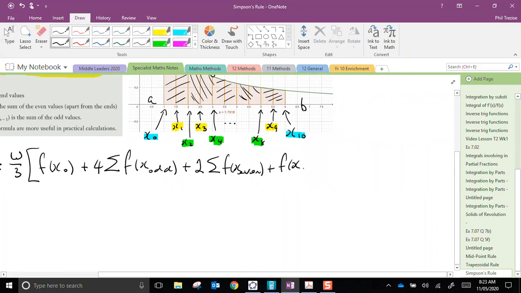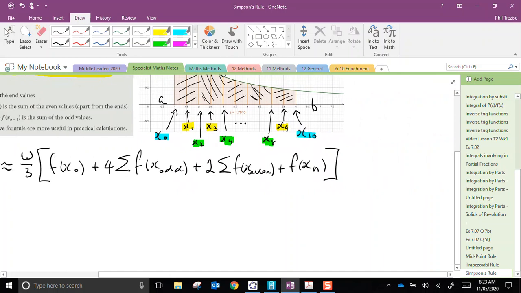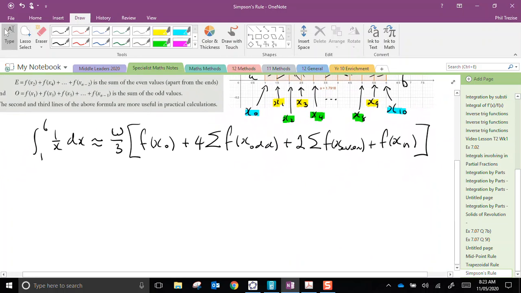Now this would normally be written as xn. In our case it's x10 because that's our last one, but of course we don't have to use 10 partitions. We could use more if we chose.